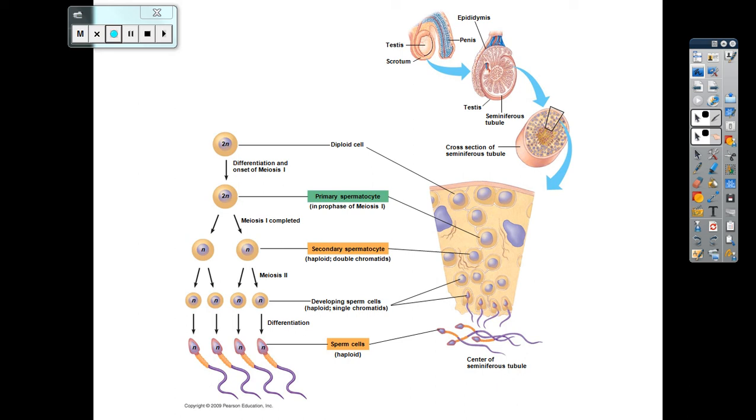Don't let any guy ever tell you he's going to blow up if he doesn't have sex. Okay? It's not going to happen. Okay? So, but remember the 4 sperm that are produced from each one of these precursor cells. Are they the same genetically?